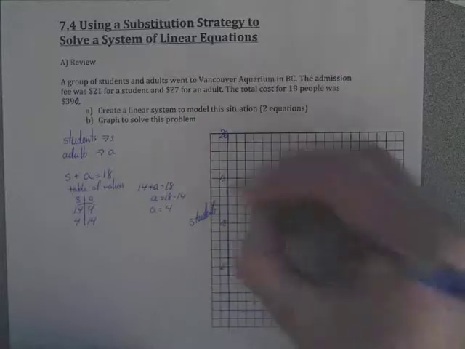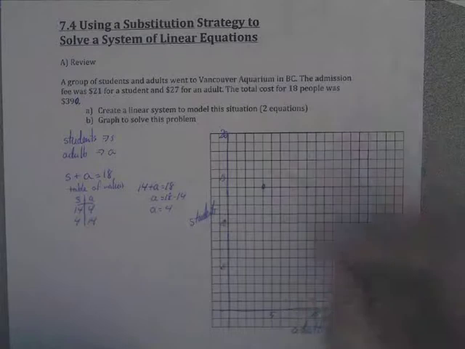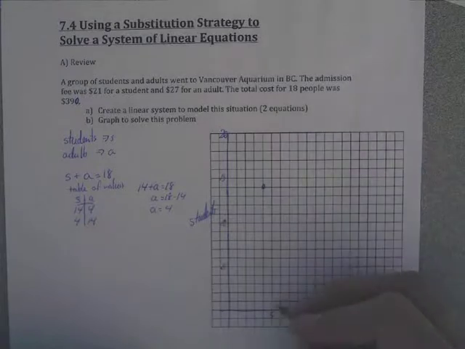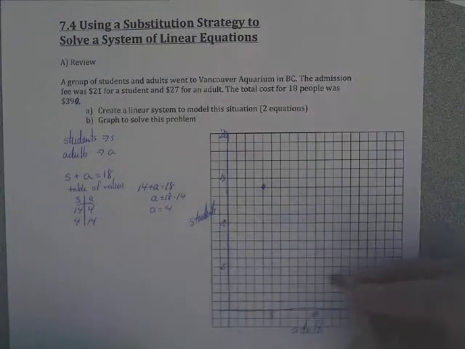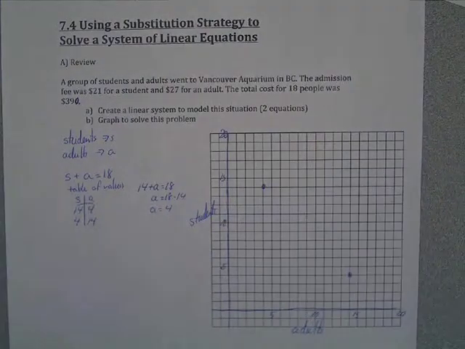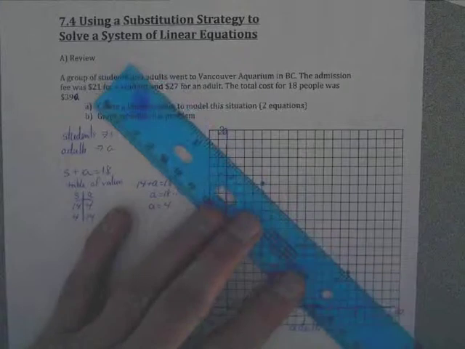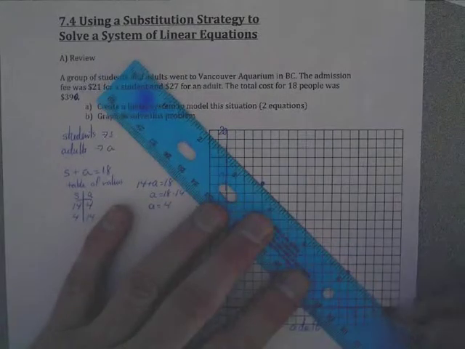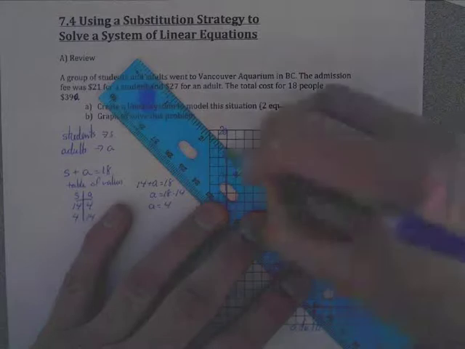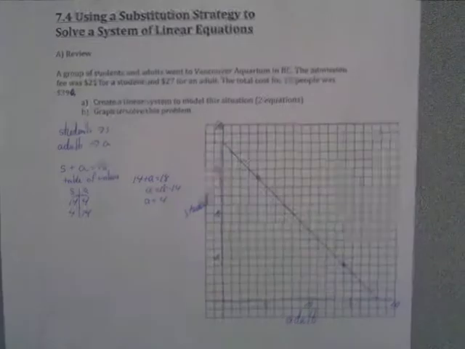So when I have 14 students, I have 4 adults, so it goes right there. If I have 4 students, and I have 14 adults, which is right there. Get my ruler, join the dots. And all those numbers on that line will make that equation true.